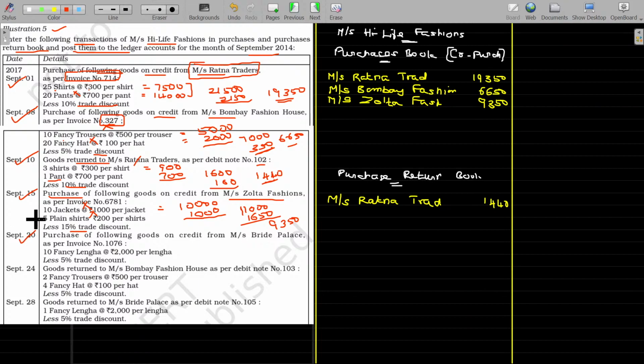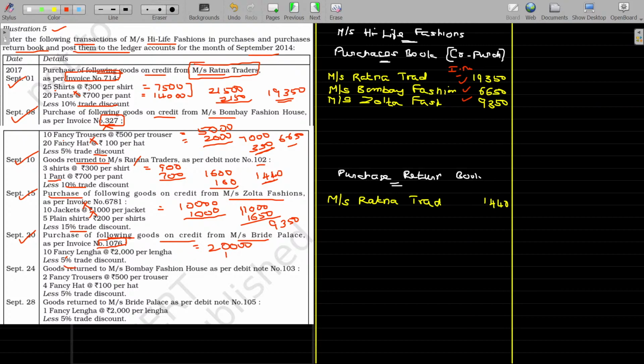20th September, purchase the following goods on credit from Mrs. Bright Palace as per invoice number 1076. You can have one more column for recording the invoice number also. So 10 fancy lenga at rupees 2000, if you multiply, then the total value being 20,000 rupees.